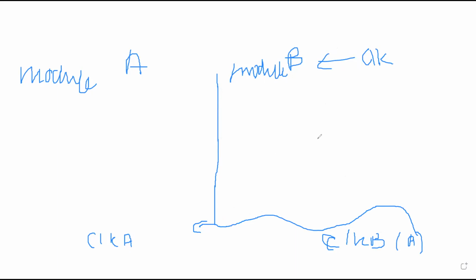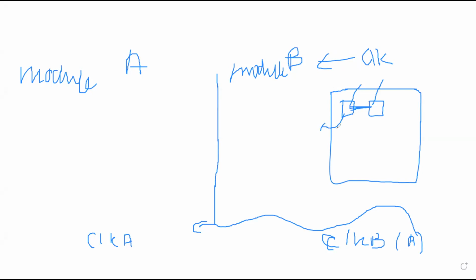When you see any complex hardware, it might have some modules, right? This is module A, this is module B, and they might be talking to each other. What if this is working on clock A and clock B, and we have to transfer this data from this module to the other module?